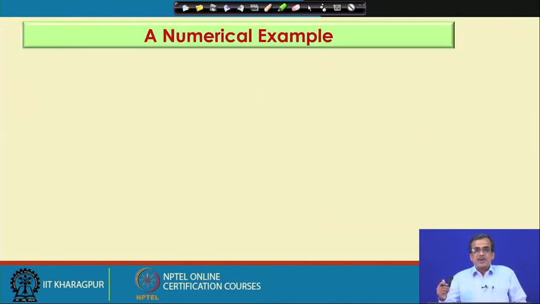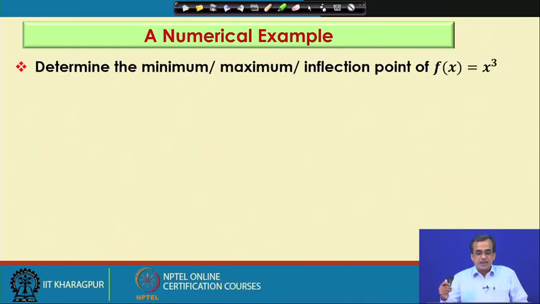Now, let me try to explain this with the help of one numerical example. The problem is as follows: we will have to find out the maximum or the minimum or the inflection point of the function f(x) equals to x cube.